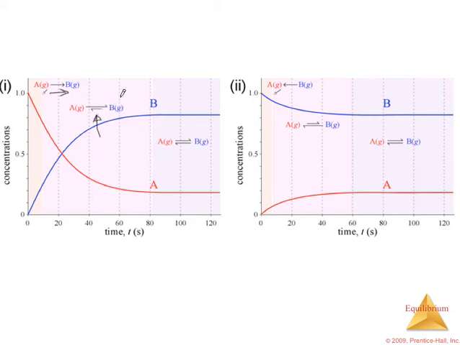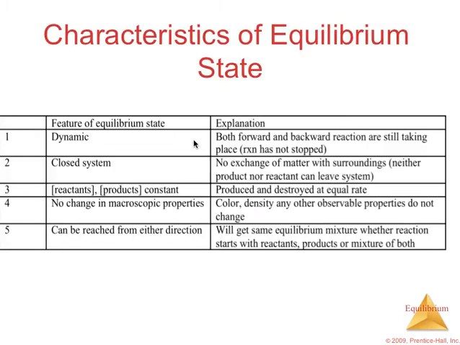I have some B, and some of that B, that product, will go back and make the reactant, but at a smaller rate than what is being made in the forward reaction, until eventually I get to equilibrium, where these arrows being the same length indicate that it is equilibrium. The rate for the reaction going forward is equal to the rate going backwards.